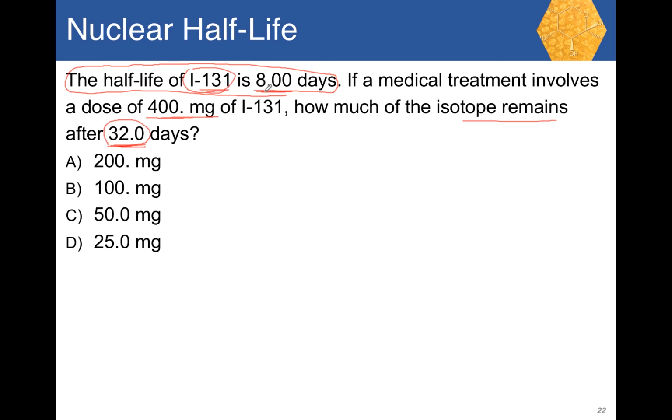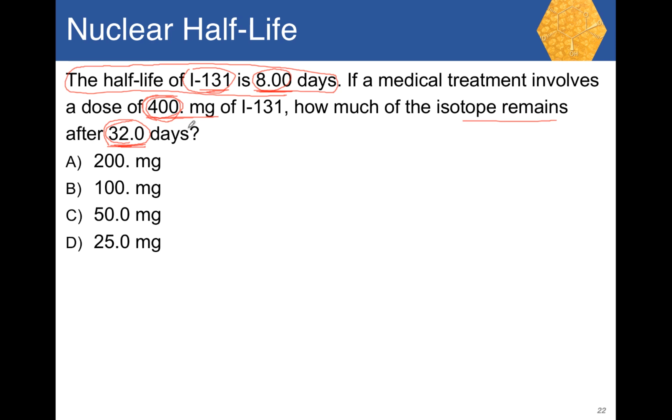You know from the table of constants the half-life is 8 days. So 8 days into 32 works out to be 4 half-lives. So the question now is, after 4 half-lives, how much is left if you started out with 400 milligrams?